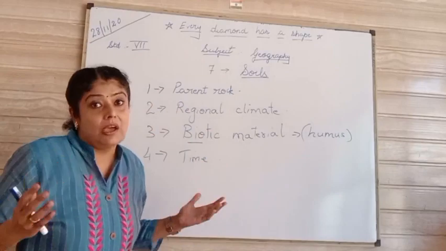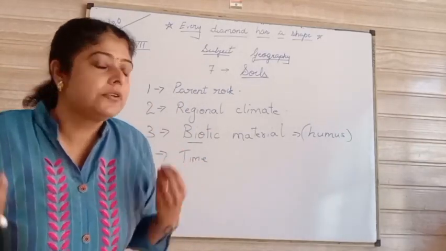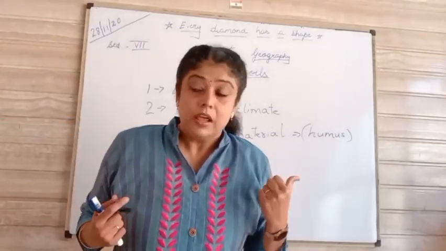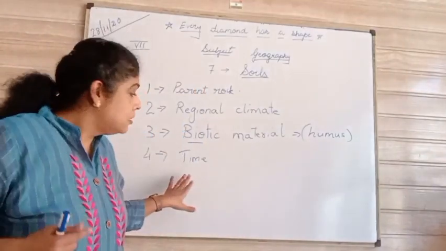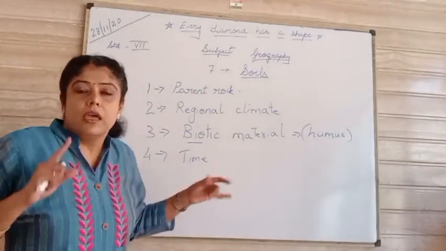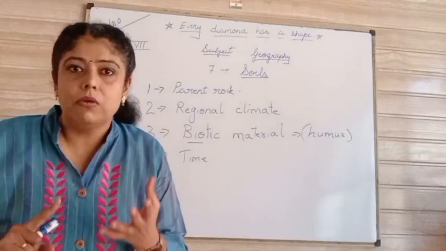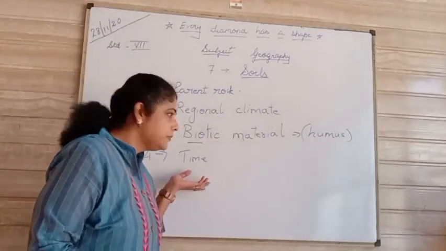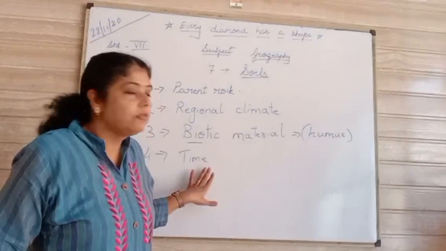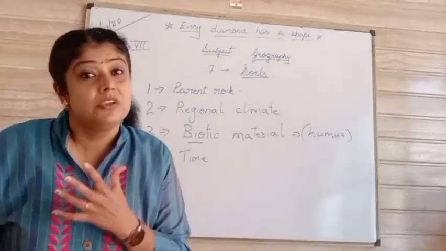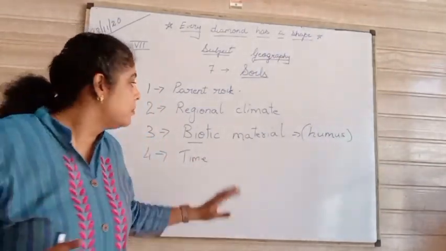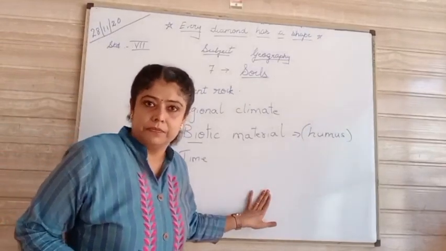Just a small layer of 2.5 centimeters takes around 1,000 years to form. So just imagine, soil is such an important resource for us. Correct? Now it is mentioned that heavy rainfall and high temperature exaggerate the growth of the soil. That means the formation of soil depends greatly on high rainfall and temperature.